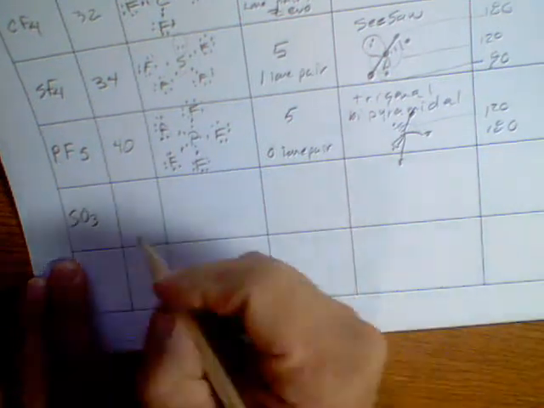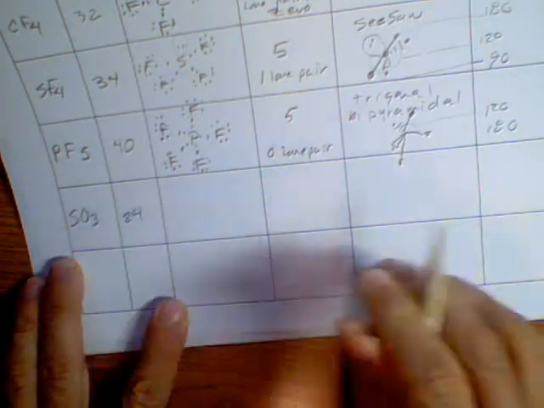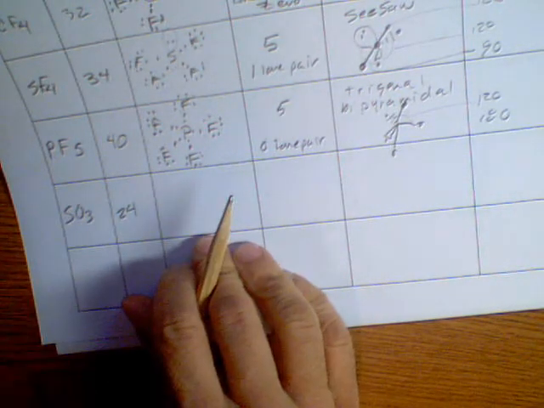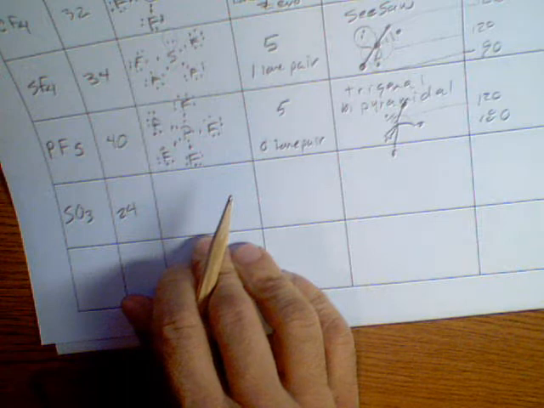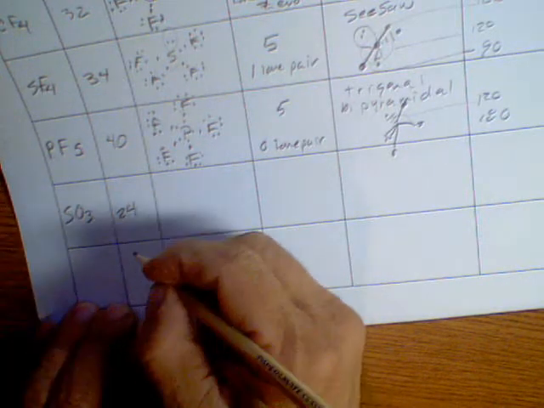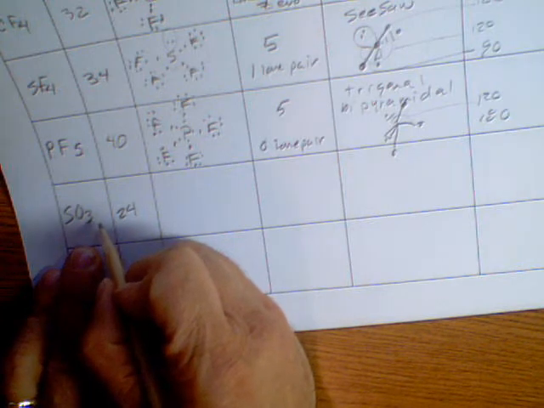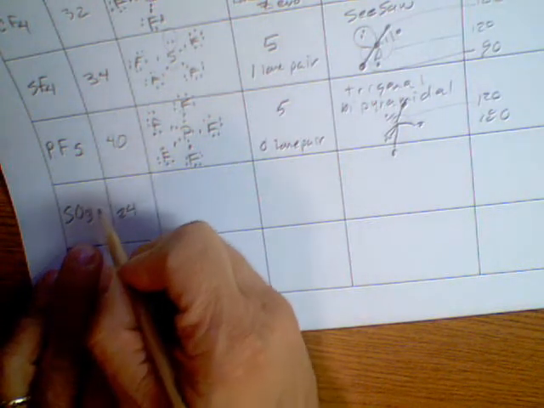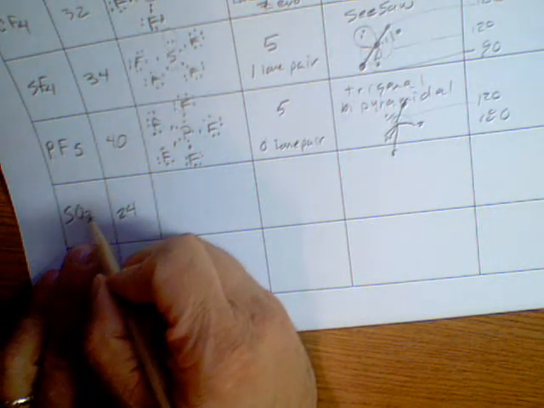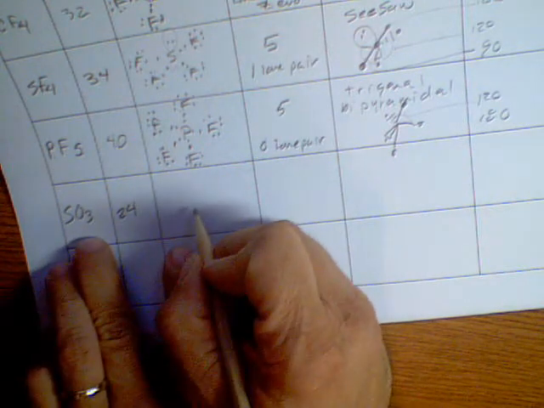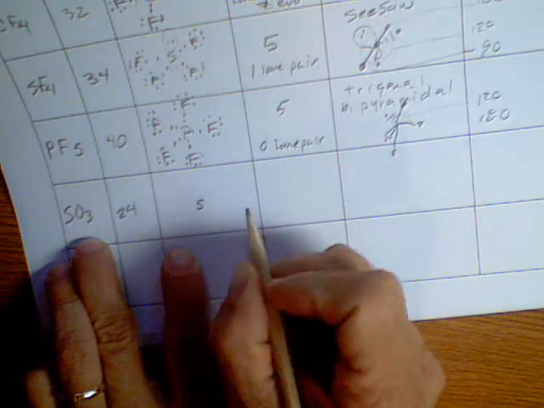SO3. We have 24 total electrons, and the way I count that is 6 for the sulfur, and the oxygen has 6 as well. So we have a total of 6 times 4 is 24. So the central atom is sulfur.